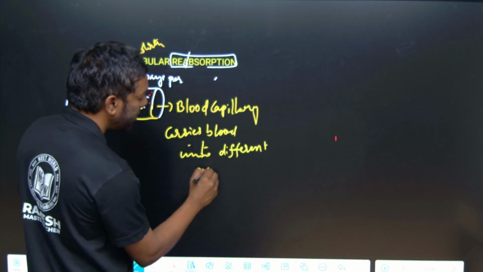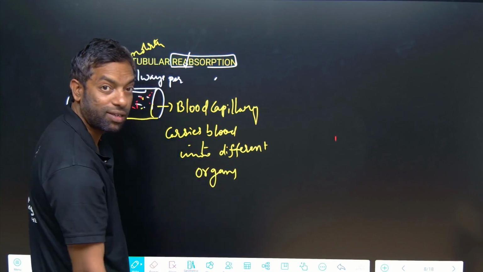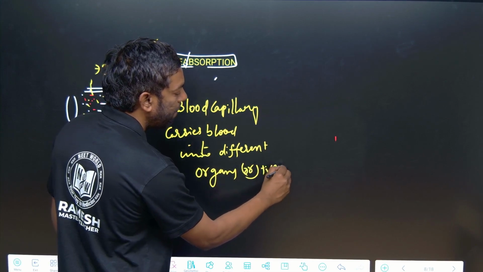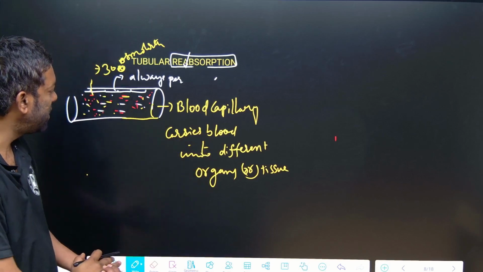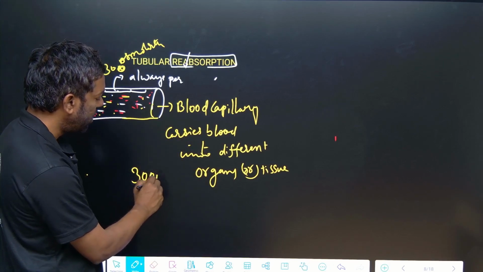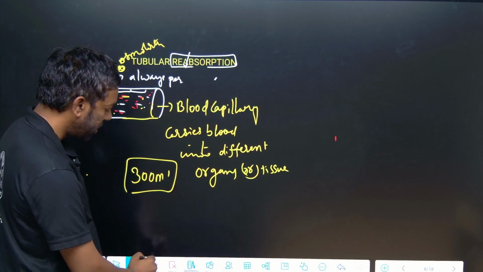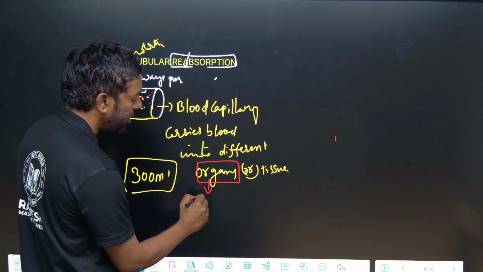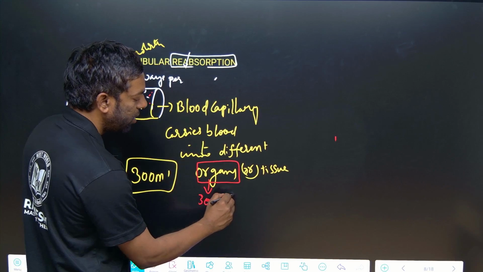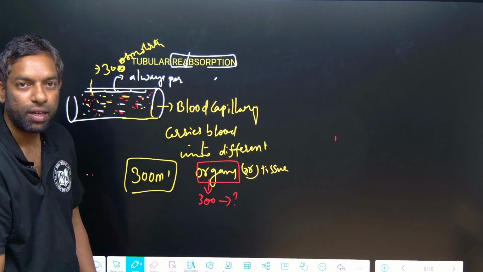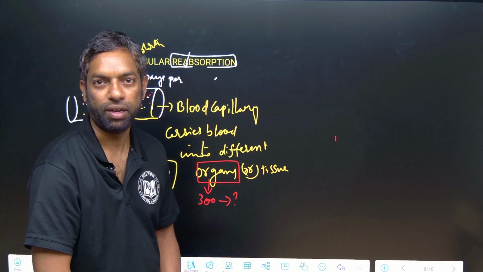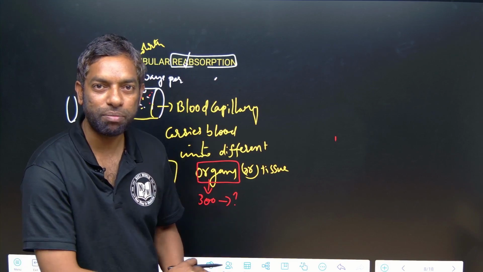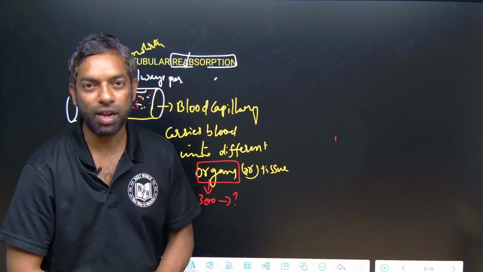The blood has 300 osmolarity, and at the same time these organs also have an osmolarity of 300. If they did not, what would happen? An equilibrium would take place between that organ and the blood capillary.